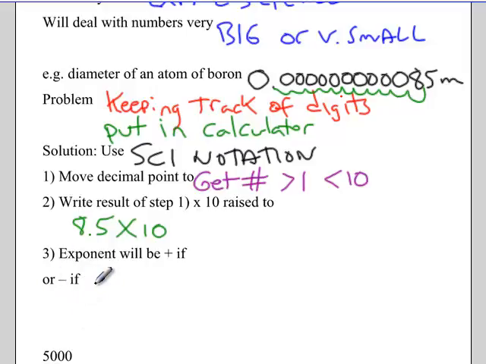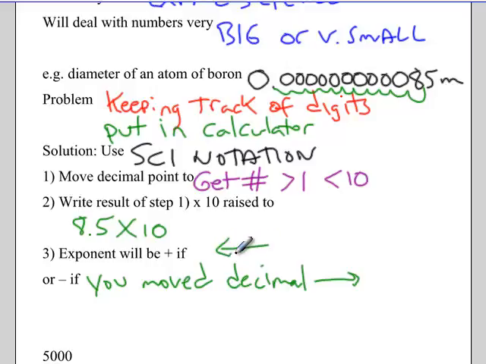So you always get a negative exponent if you move the decimal point to the right, and if you had to move the decimal point to the left, you're always going to get a positive exponent. So in this case, we had to move over 11 times, so the power is 11, but it's to the right, so it's to the negative 11th power, and it still has the unit m. You're going to learn later on that stands for meters.